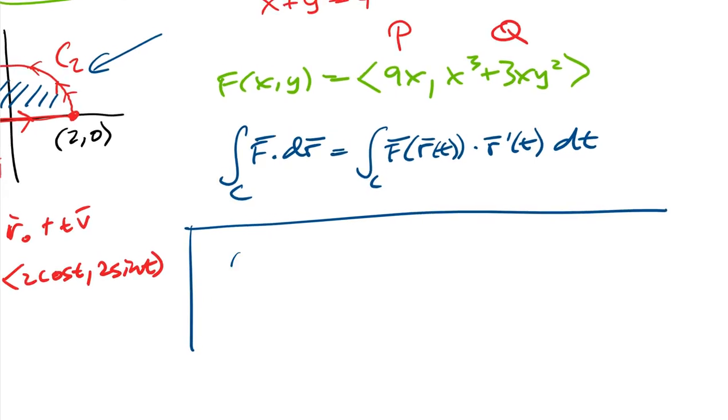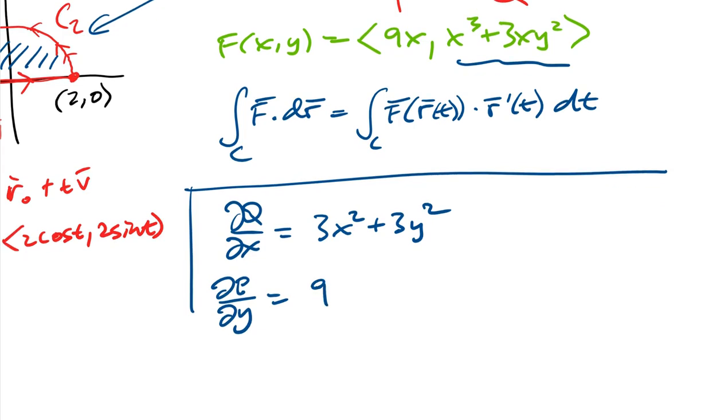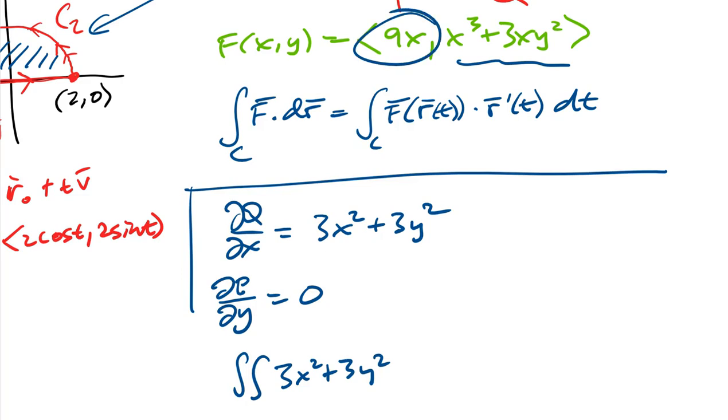Partial Q with respect to x is, looking at Q up here, 3x squared plus 3y squared. And then partial P with respect to y, oh, it's not 9, it's 0. Yes, so here we go.